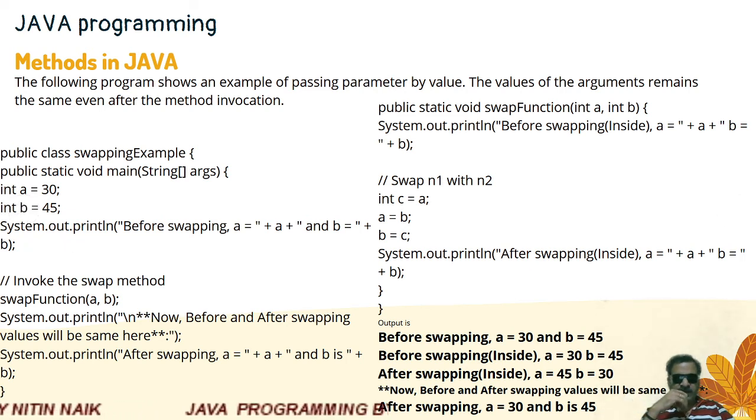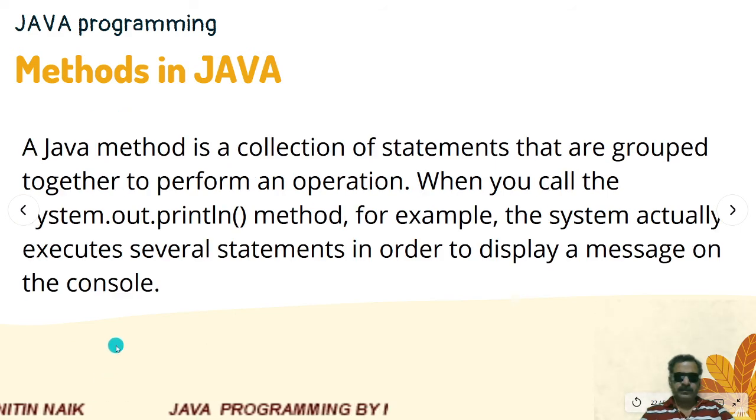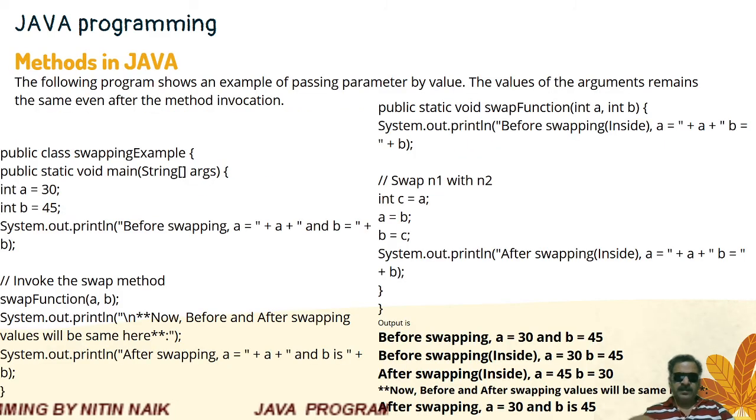Integer a is equal to 30, b is equal to 45.